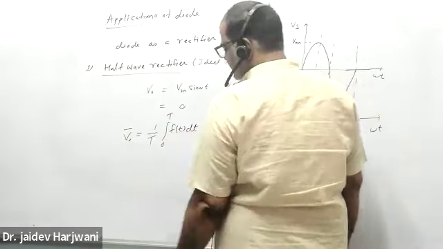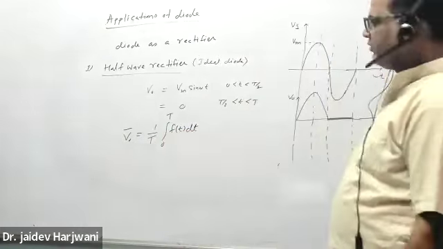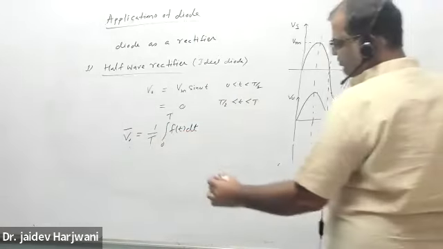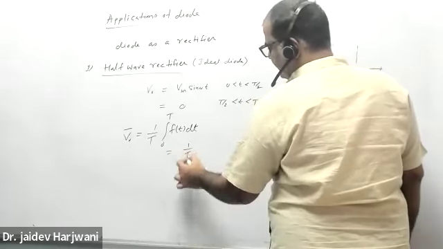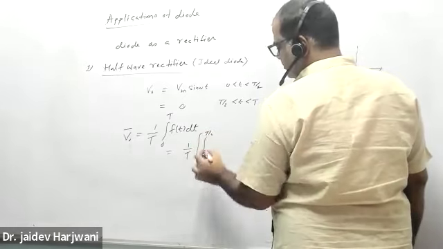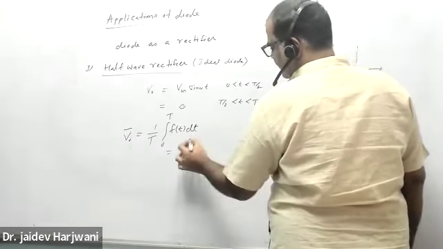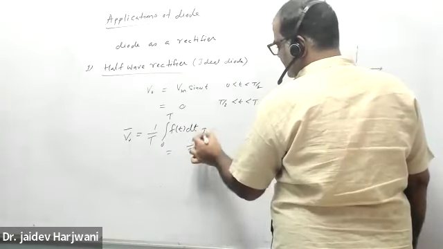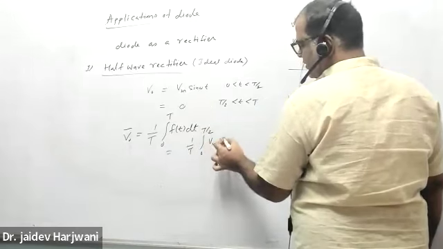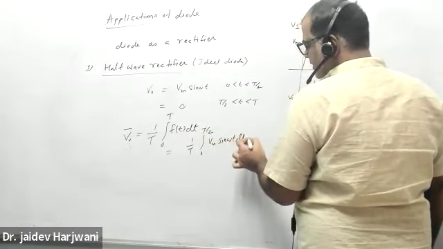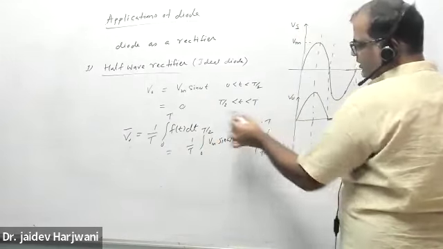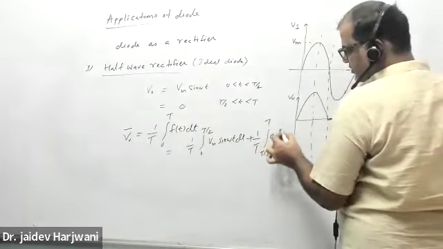Any periodic function, you can calculate the average in this way over its time period. You can break it as 1 by T, 0 to T by 2, where f(t) is your Vm sine omega t, and for T by 2 to T, this is 0, so 0 dt.